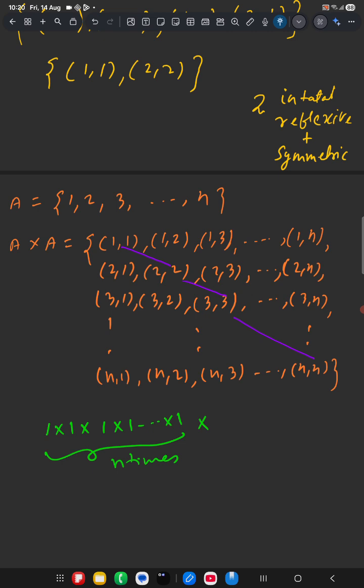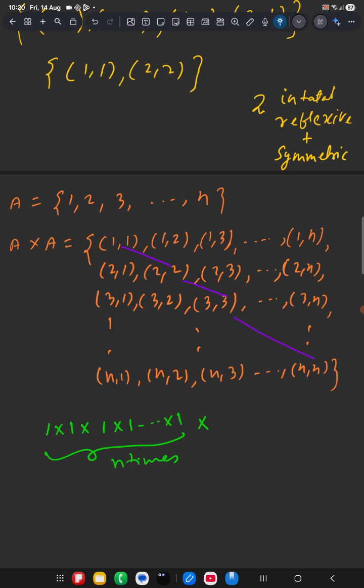All of these pairs may be there, or they may not be there. All reflexive relations are symmetric relations, because if you reverse (1,1), you get (1,1). So there is no problem if the set contains only the reflexive elements. Either (1,2) and (2,1) will both be there, or they will both be absent.